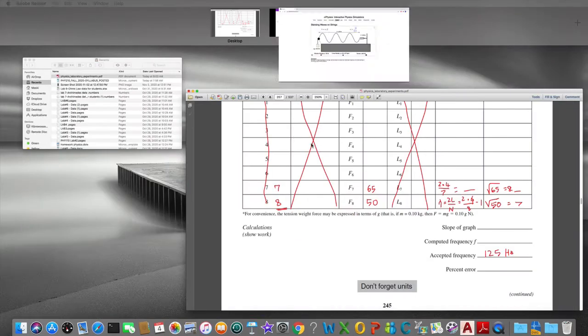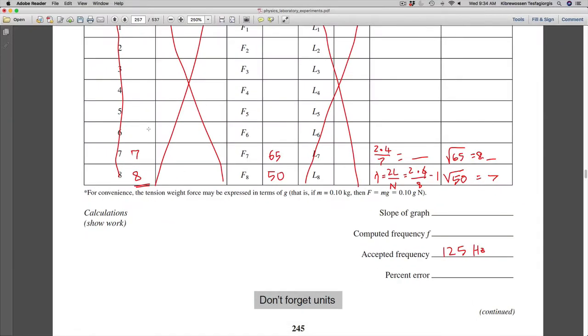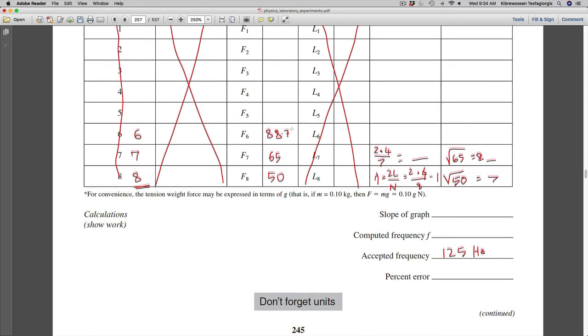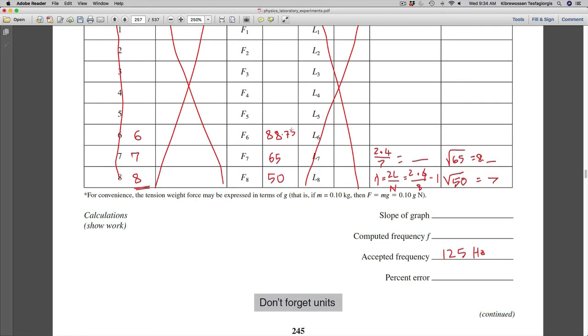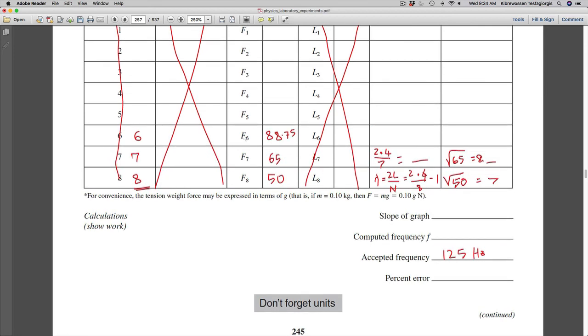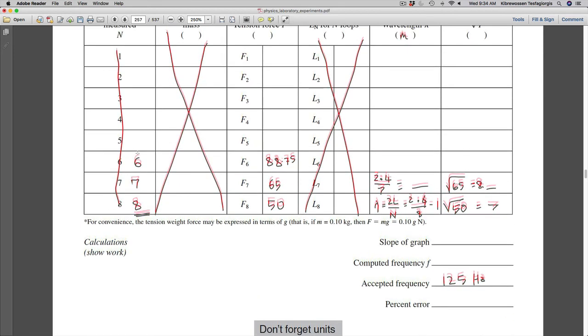I was able to create 6 loops. So the 6 loops was created at a force of 88.775.